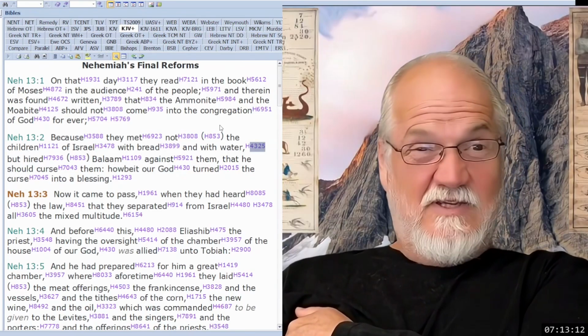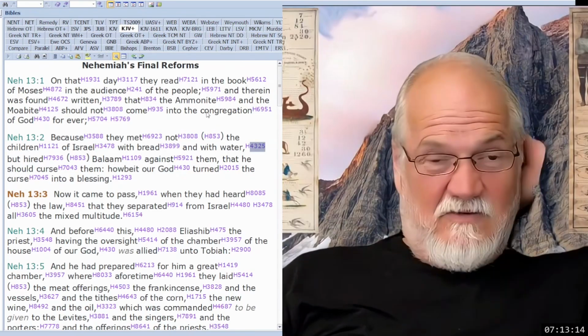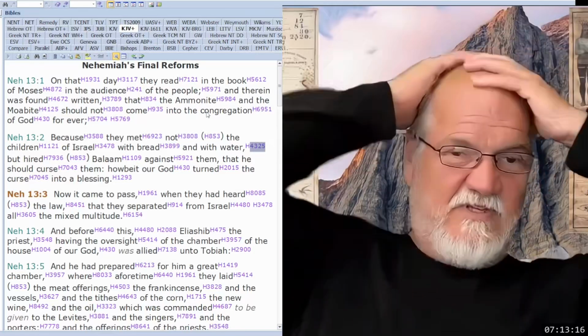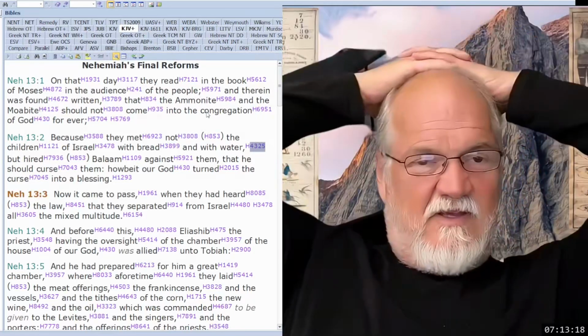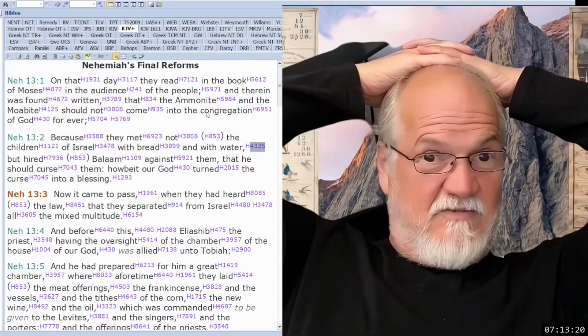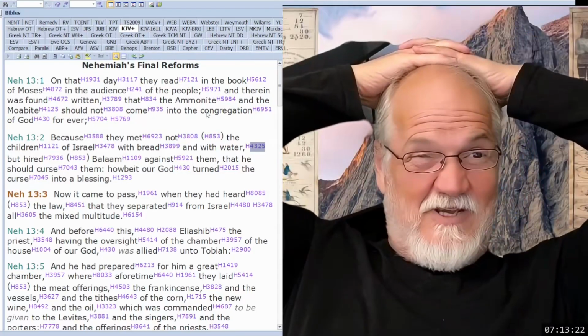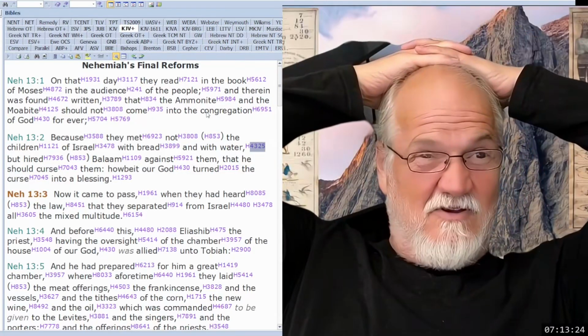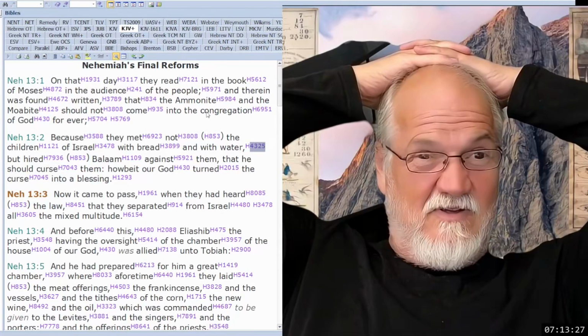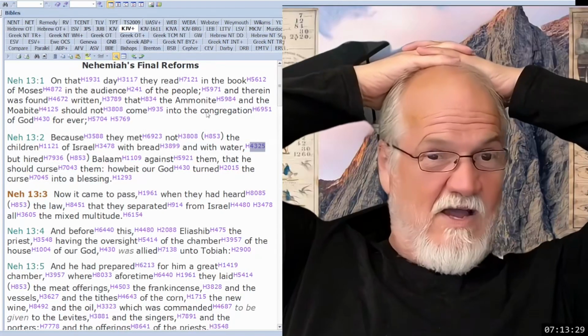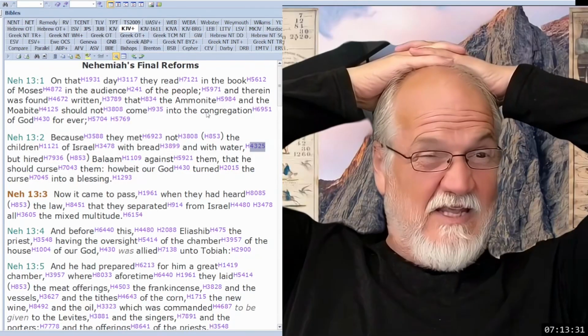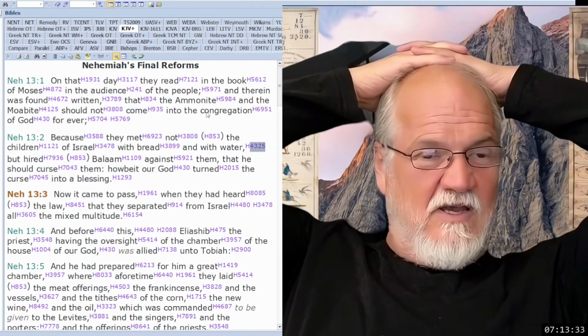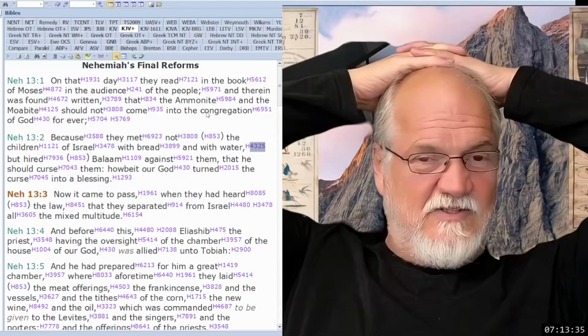And so this reform where they're going to read the book of the law on the first day of the 7th month, and they're going to recognize that the Ammonite and the Moabite should not come into the congregation of God forever. And the reason why is this message that relates to the symbols of our message.